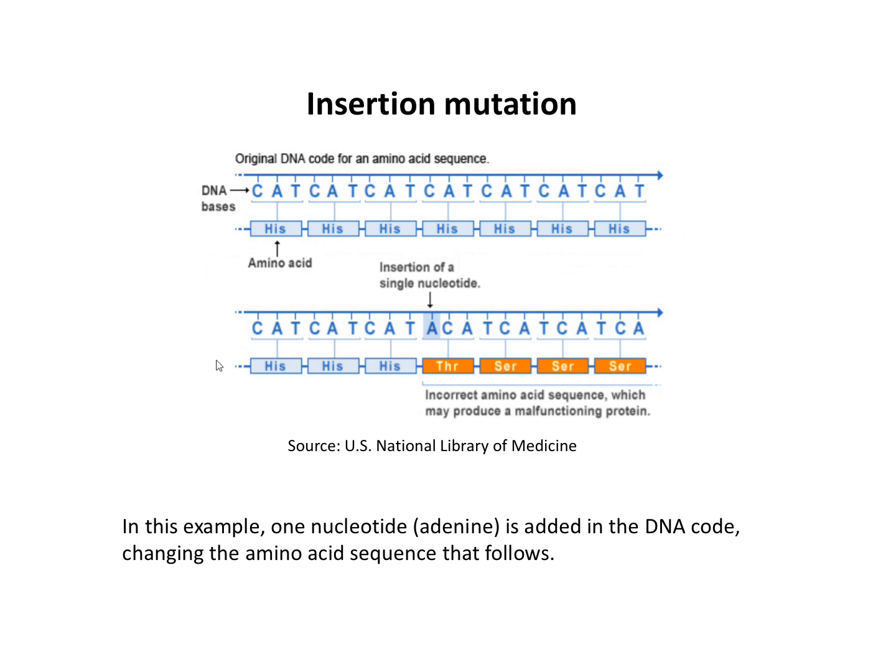Look at the highlighted area in the second picture. The highlighted area is where adenine is added in the DNA code, changing the amino acid sequence that follows. So you check the amino acid sequence in the top panel, then look at the amino acid sequence in the bottom panel, and because of insertion of adenine, this is what is happening.